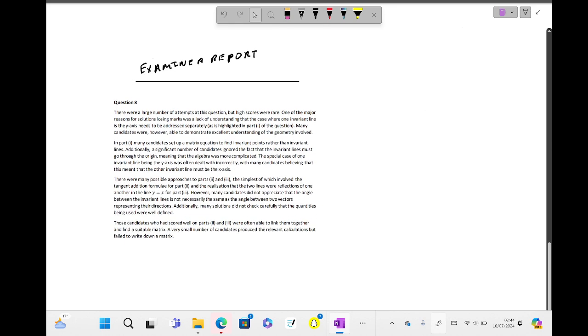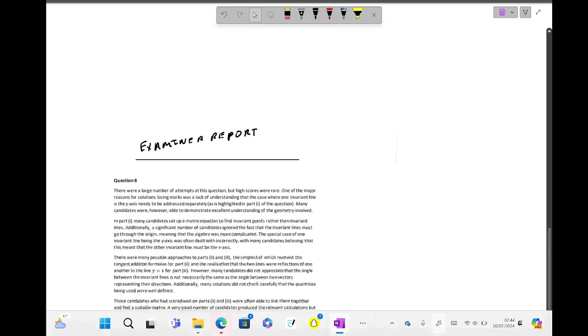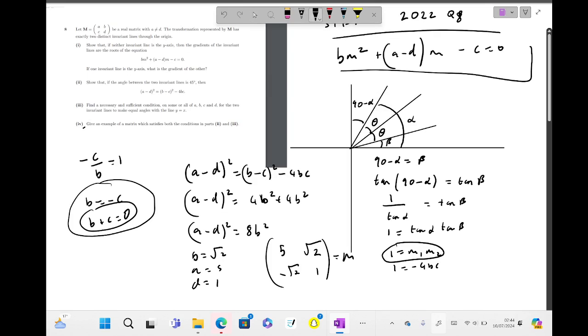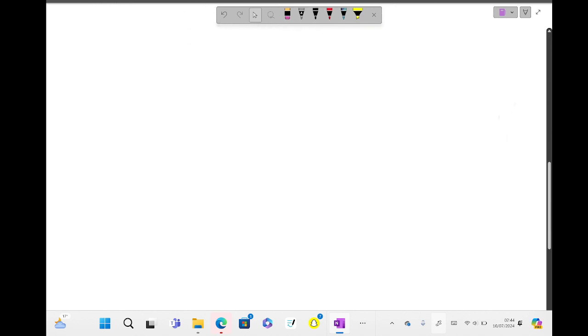There are possible approaches to part 2 and part 3, the simplest of which involve the tangent addition formula. Addition formula? I used the subtraction formula, but you get the same result. Realization that the two lines are a reflection of one another. I said you didn't need to use it, but you kind of did, because that helps you realize that this angle here is 90 minus alpha, although that's quite obvious just by looking at it.